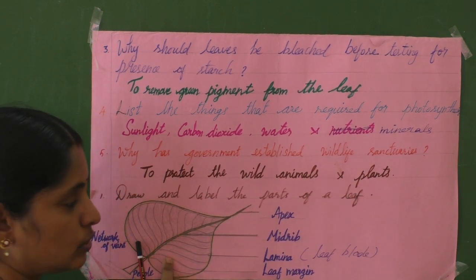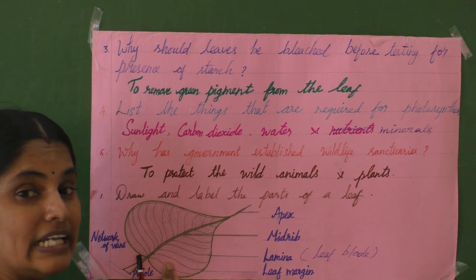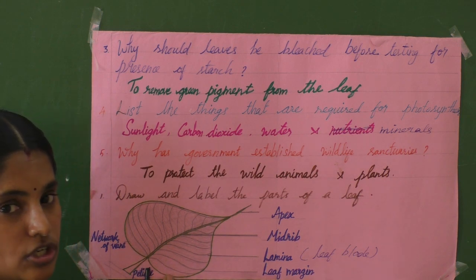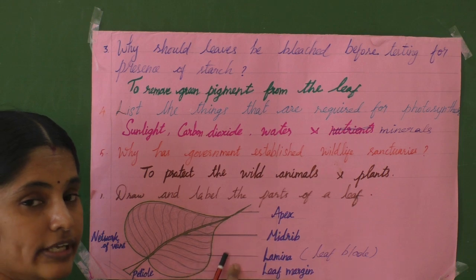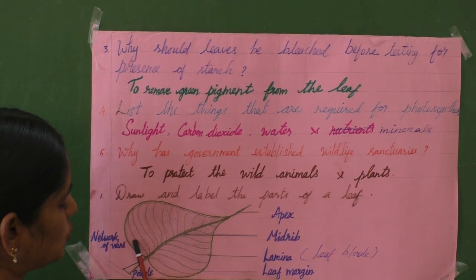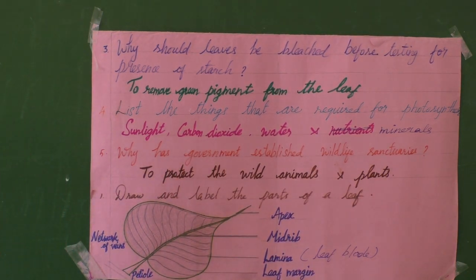Then they ask you to draw the leaf structure. Parts of the leaf you have to mark. So how to draw the leaf? It's very simple.